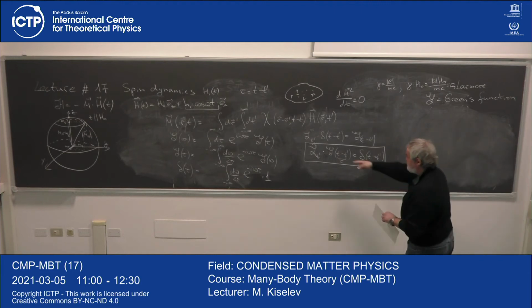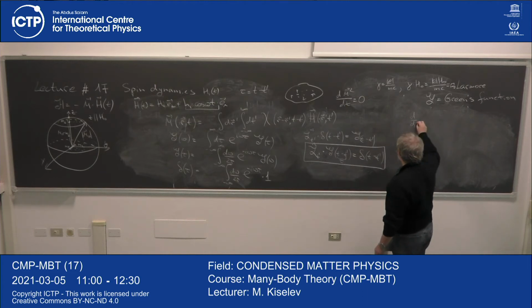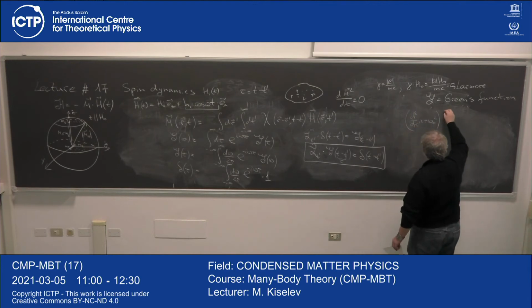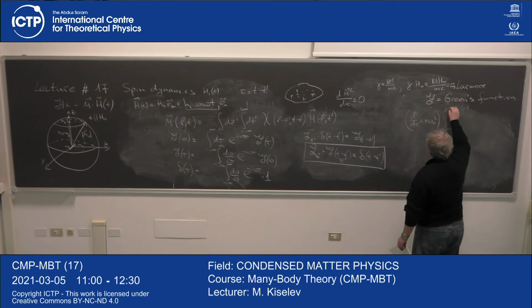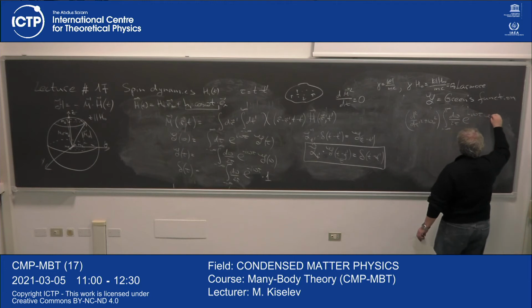The left-hand side is (d over dt' plus omega naught squared), which acts on the integral from minus infinity to infinity d omega over 2 pi e to the power minus i omega tau G(omega).